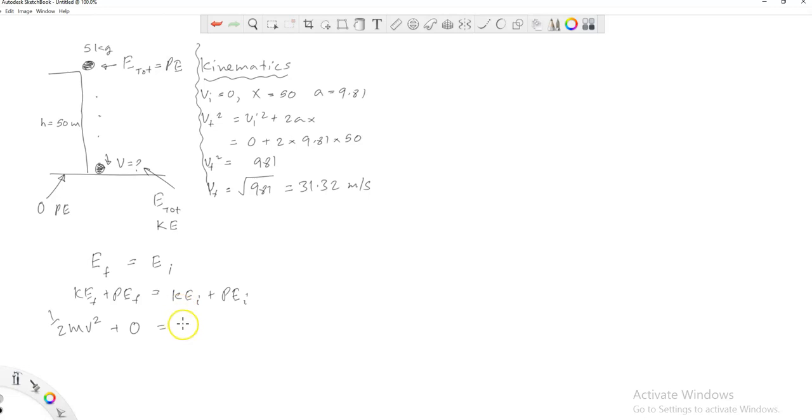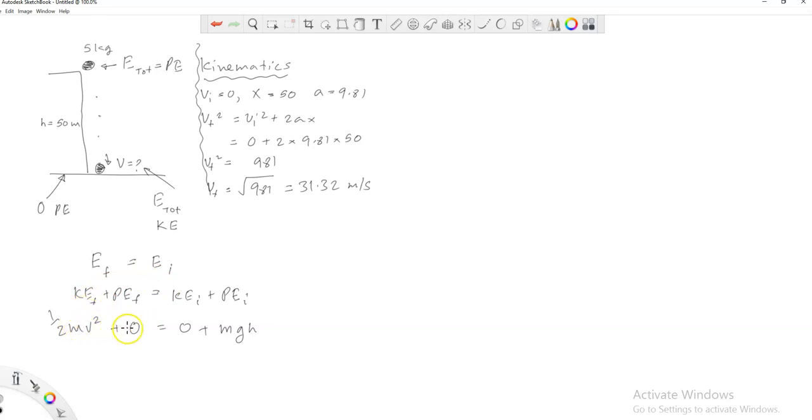Kinetic energy initial is 0, since it wasn't moving initially, right at the top. Potential energy initial is mgh. Now we don't even need to plug in any numbers. You see that in kinematics we didn't use the mass. Even here, many times mass cancels out. Some cases you do need it, but in this particular example it cancels out.